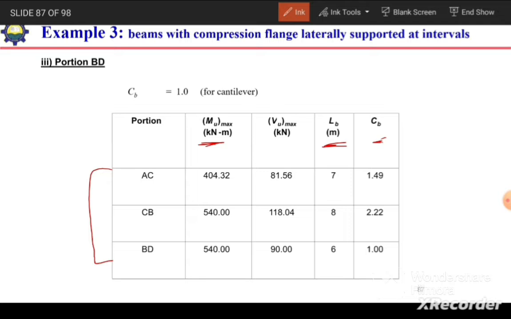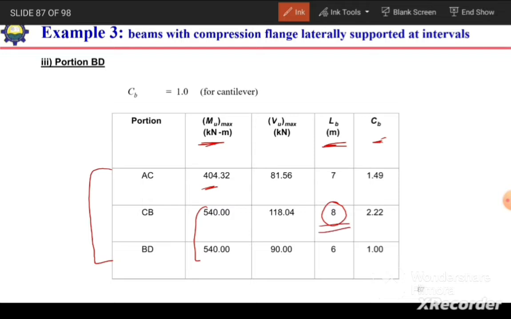Out of these three segments, the segment which has more MU will be more critical. Here it is 404, but these two have the same magnitude. Similarly for LB, the greater the value of LB, the less the strength of the section. This segment has the largest LB, so its strength will be less.